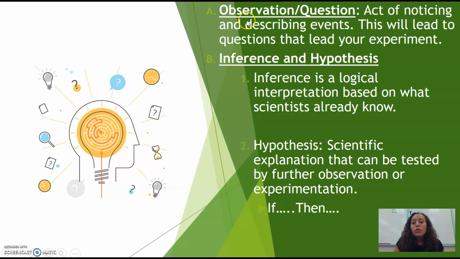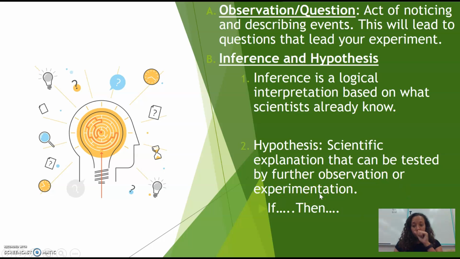Your question or observation will lead to an inference or a hypothesis. Your inference is a logical interpretation based on what scientists already know. So you're inferring. Some people think that if you infer something, it's just a guess, but it's got to be logical. Your hypothesis is a scientific explanation that can be tested by further observation or experimentation.